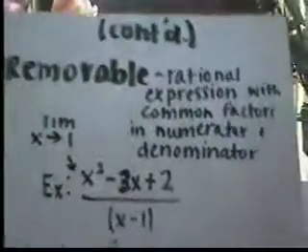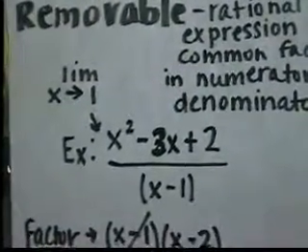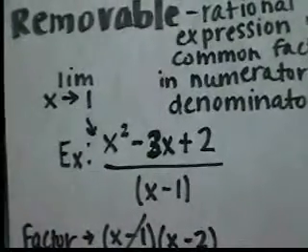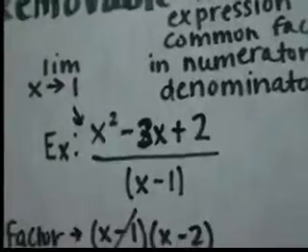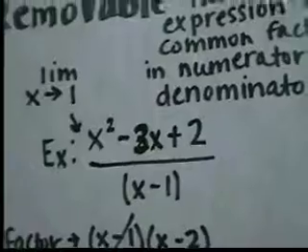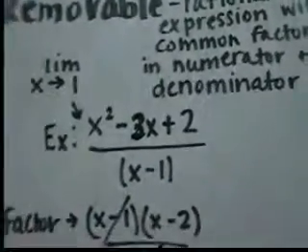Let's look at an example. The limit of x squared minus 3x plus 2 all over x minus 1 as x approaches 1. Now, you can factor this problem to make it easy because you know if you put 1 in, there'll be 0 in the denominator, and that will make the function non-existent.